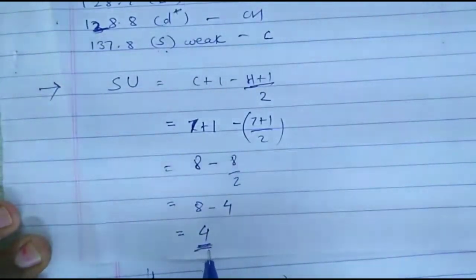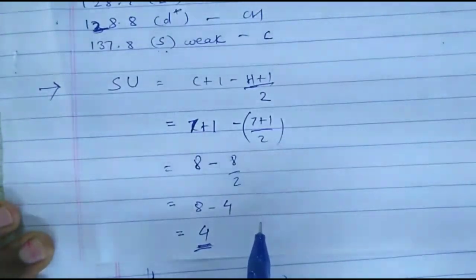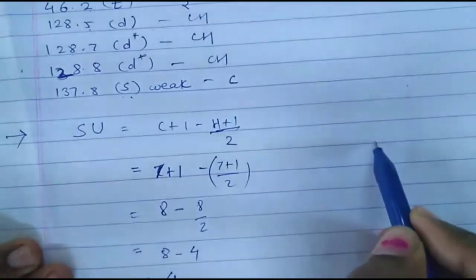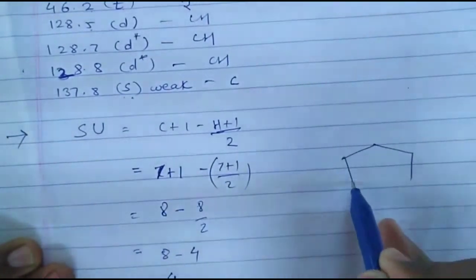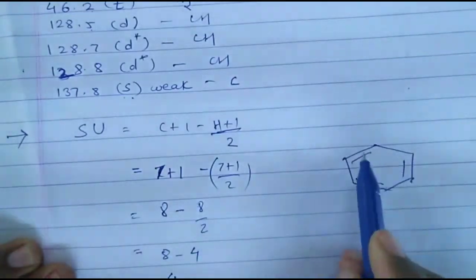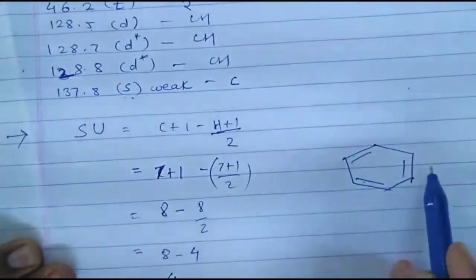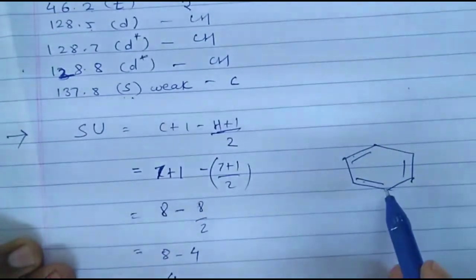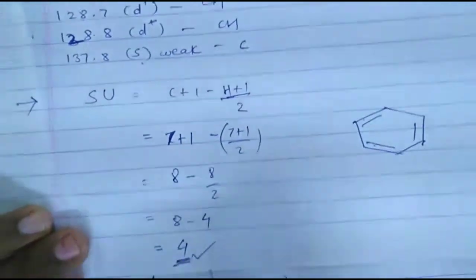Here the sites of unsaturation are 4. If the sites of unsaturation is more than 2, always consider that there must be a benzene ring. So first of all we draw the benzene ring over here. That means 3 double bonds and 1 ring, so the total sites of unsaturation are 4.